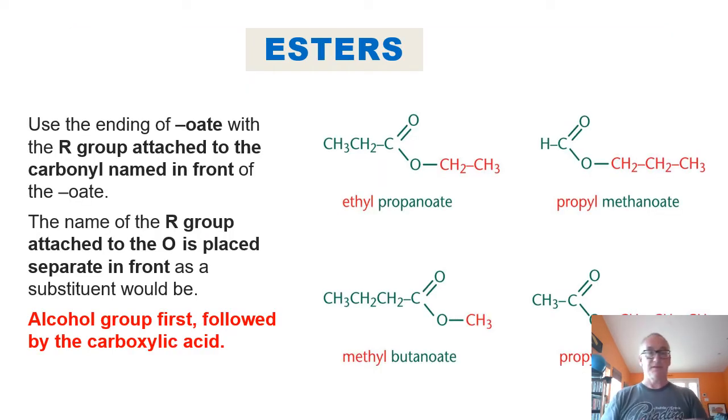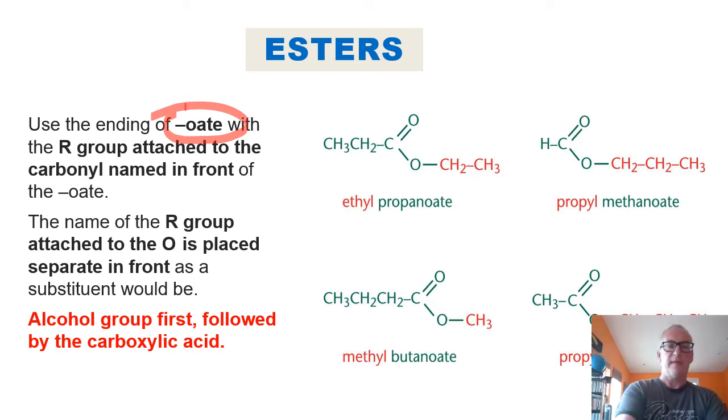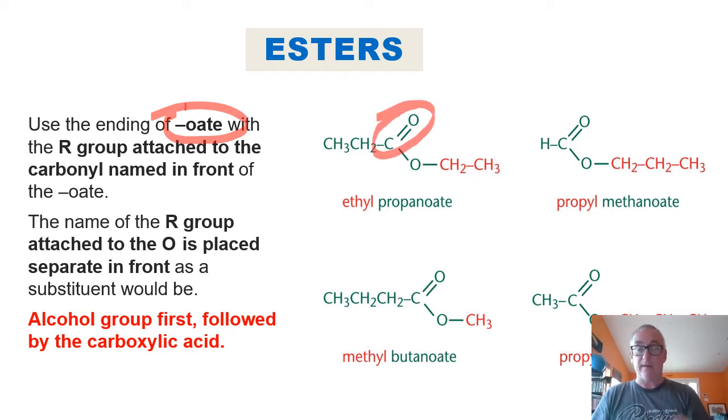So for esters, we use the ending oate. And so we name it with the alcohol group first, and then followed by the carboxylic acid. So the R group that has the carbonyl on it, that is going to be the acid group.